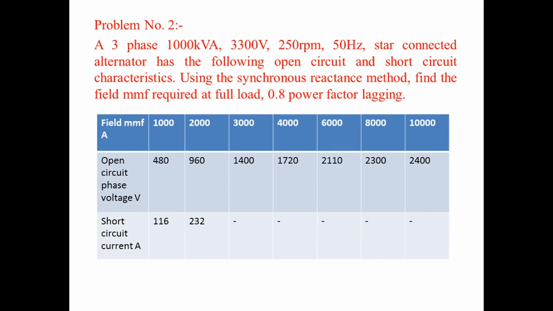For different values of field MMF or field current, the values of open circuit voltage and short circuit current have been given. So it is similar to the OCC and SC characteristics curve. Instead of drawing the OCC and SC characteristics curve, they have given the values in table form.